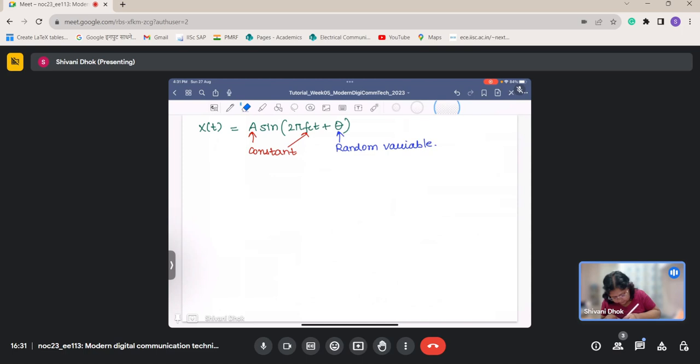Therefore, this autocorrelation is basically phi xx of tau, or let's not denote it right now. Let's say this is given by expectation of X(t) X(t plus tau). This is the quantity that we need to find.